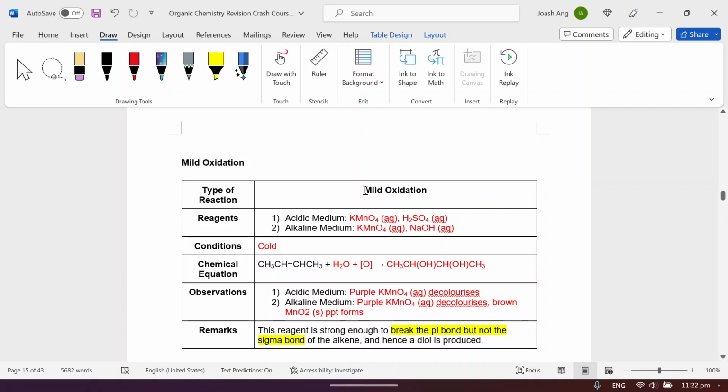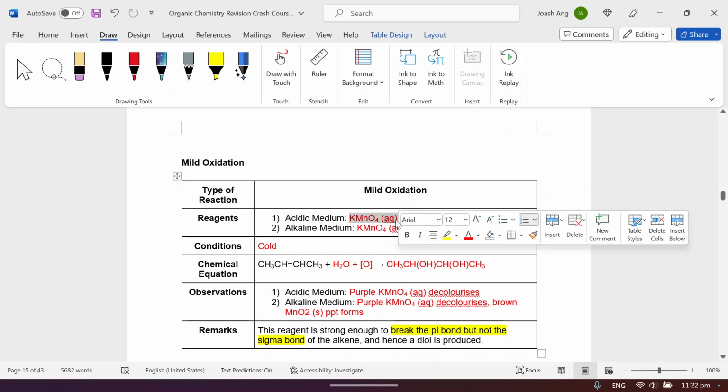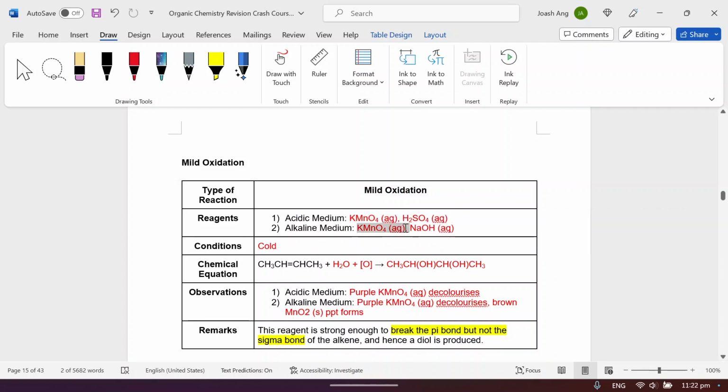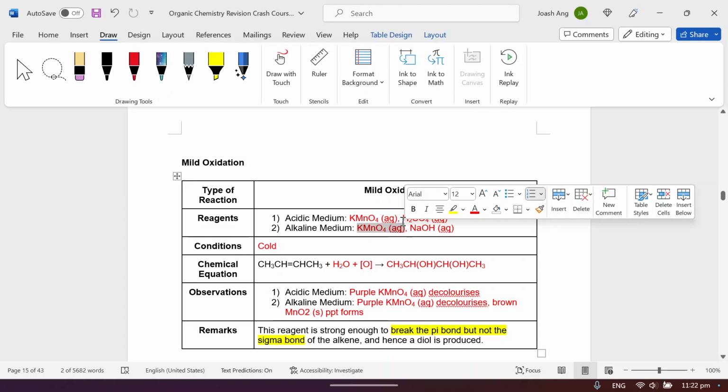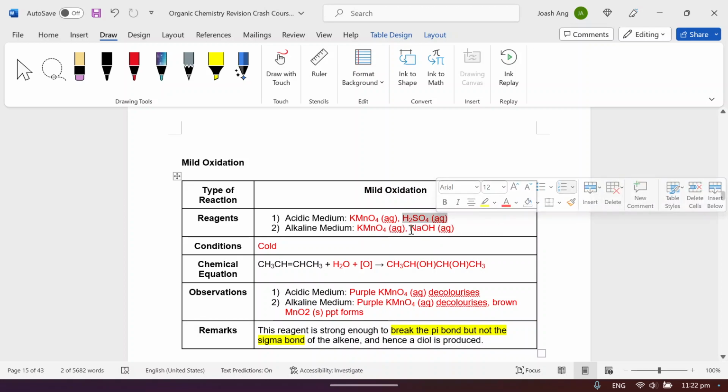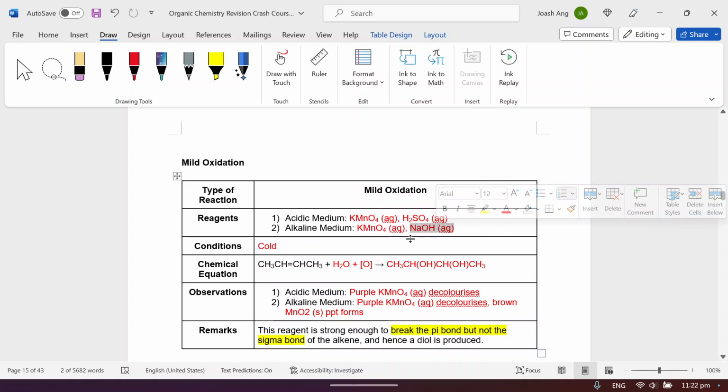For mild oxidation, in this case, you have to add OH on both sides of the C=C double bond. And the condition is actually cold. Okay, so KMnO4 is being used as the oxidizing agent right here, and these are the acidic and alkaline mediums that are used.